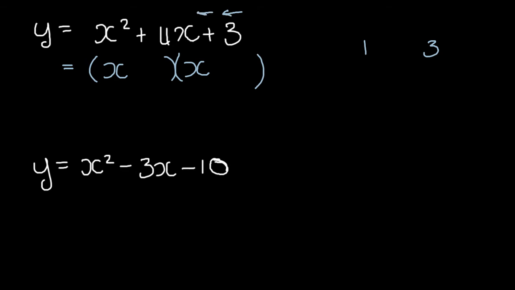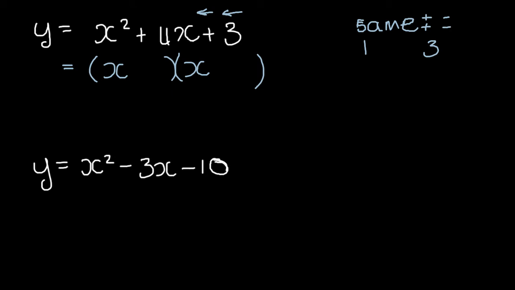Now I'm going to have a look at this symbol here. If it is a plus, the two signs in my brackets need to be the same. They need to be plus and plus, or minus and minus. So now I know what I'm playing with.